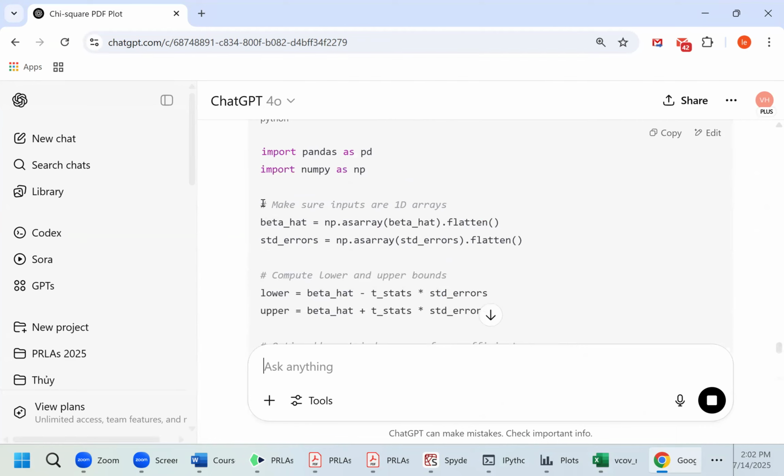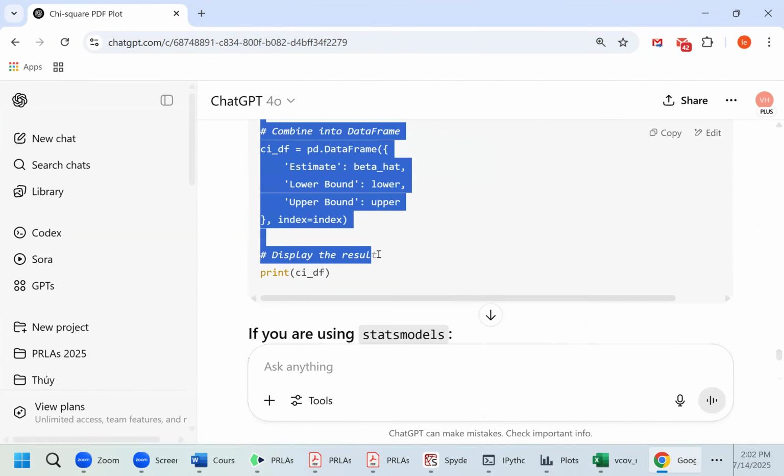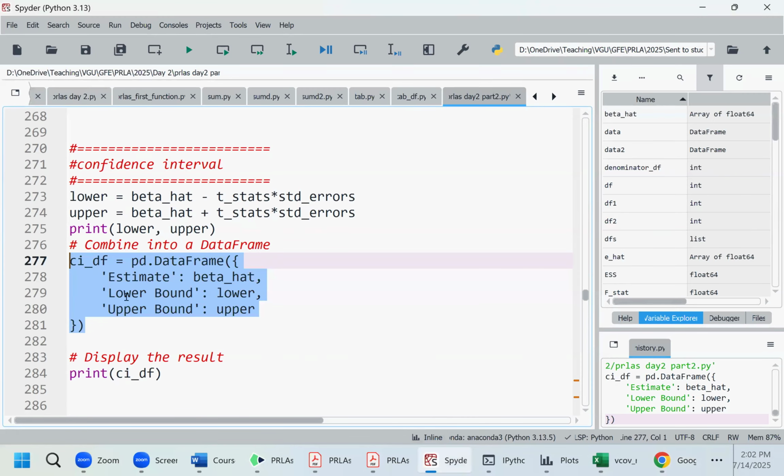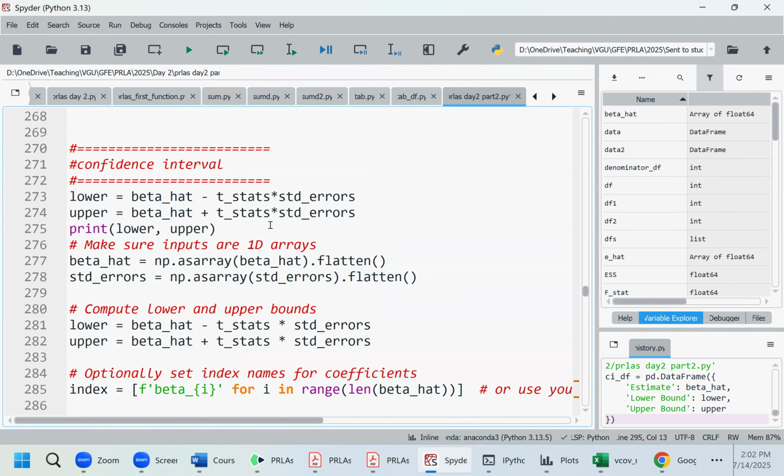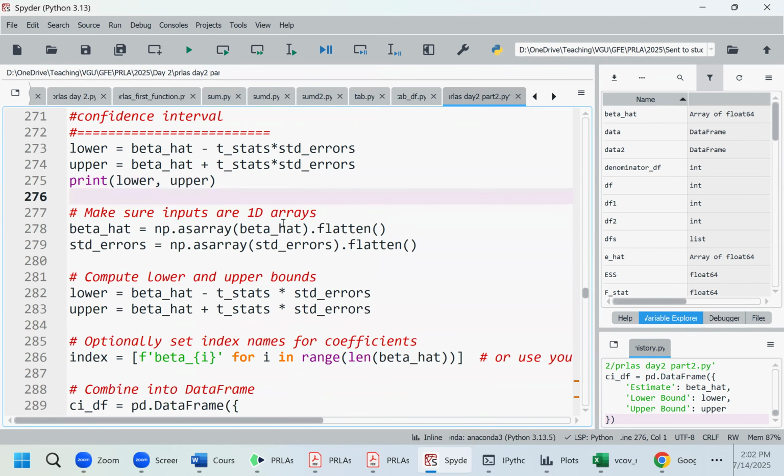So here it means that we have to change them into the object that has dimension, so that it could be printed. So let's say paste. So make sure inputs are in one dimension array, right?